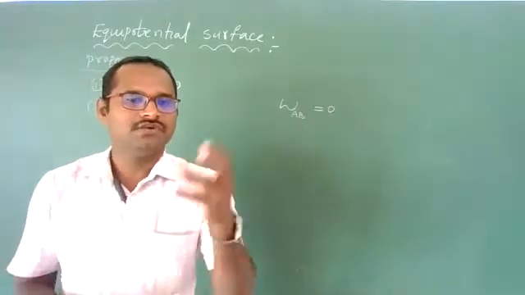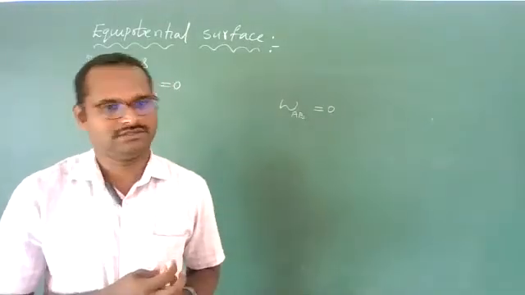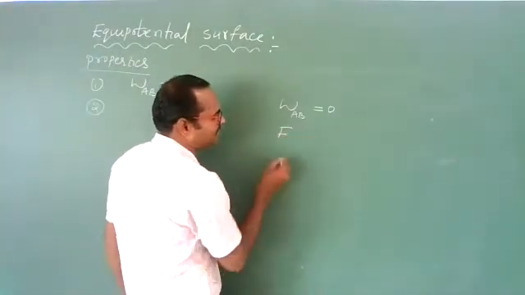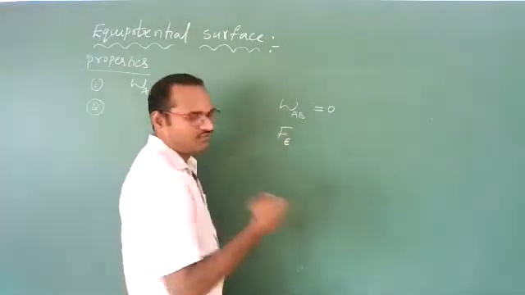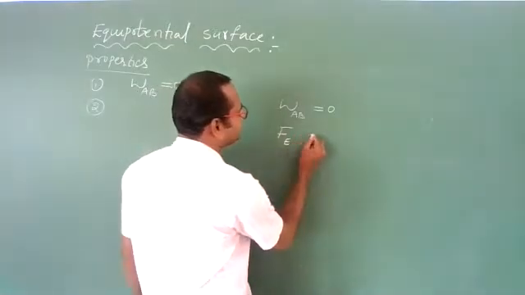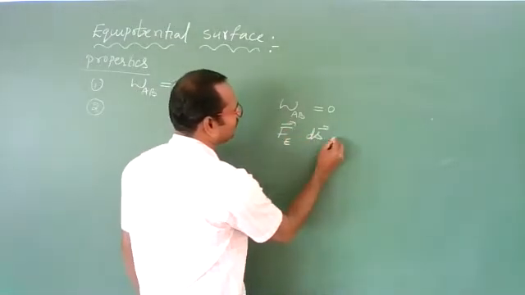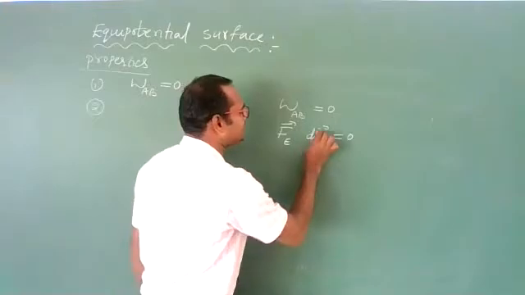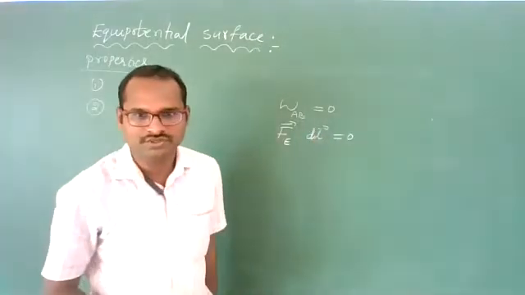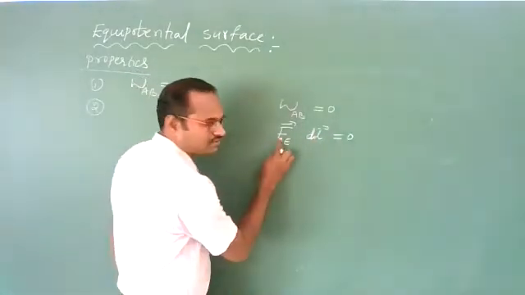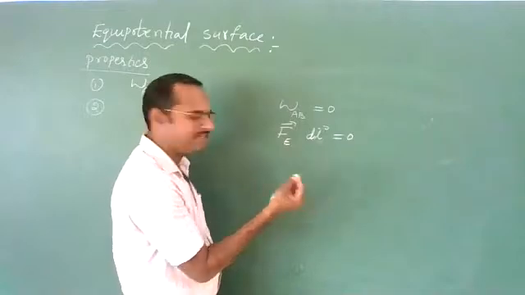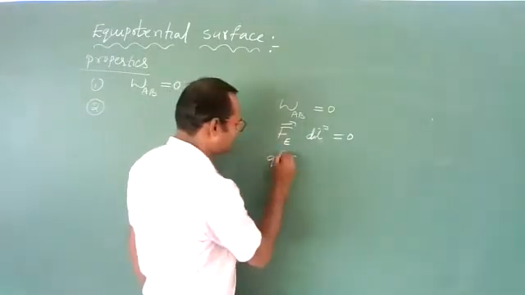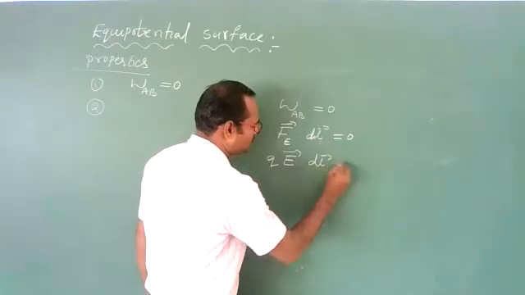Work done is nothing but force into distance. The force we are applying is due to the electric field. Force due to electric field into distance dl bar should be equal to 0. We know the force due to electric field is q into E, so q E bar dot dl bar should be equal to 0.